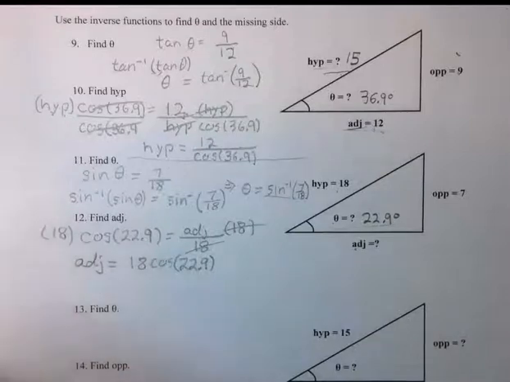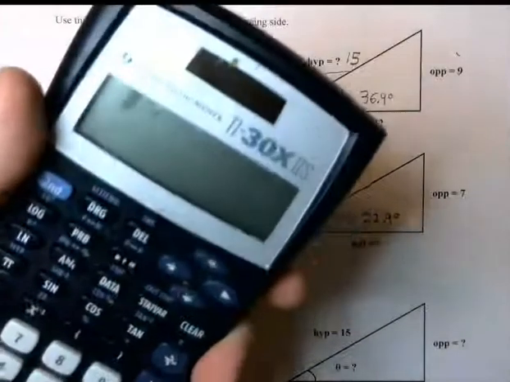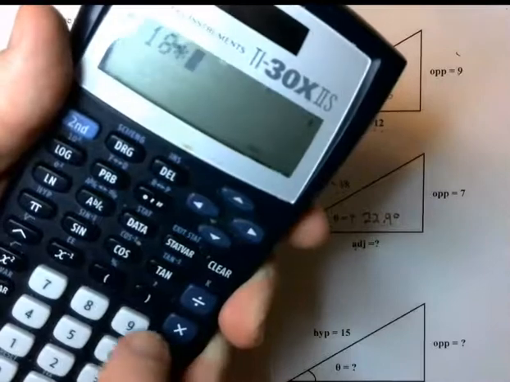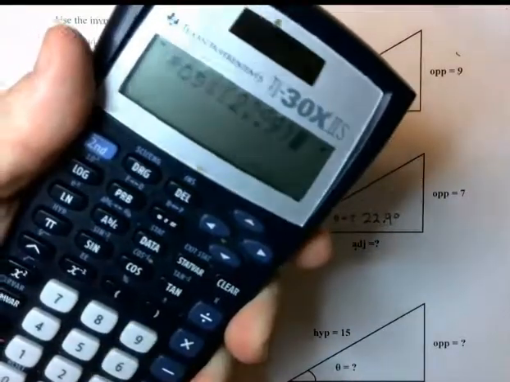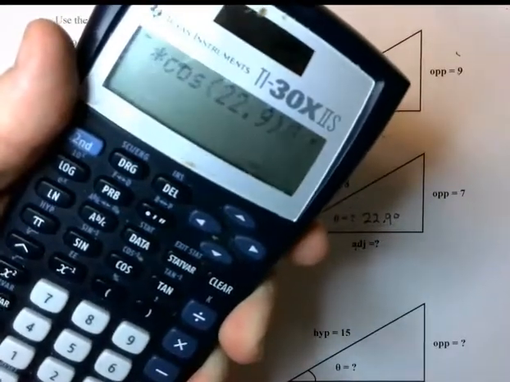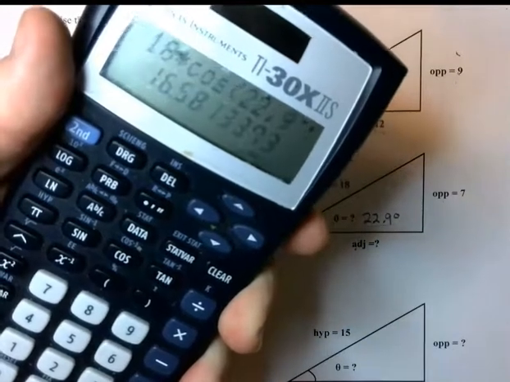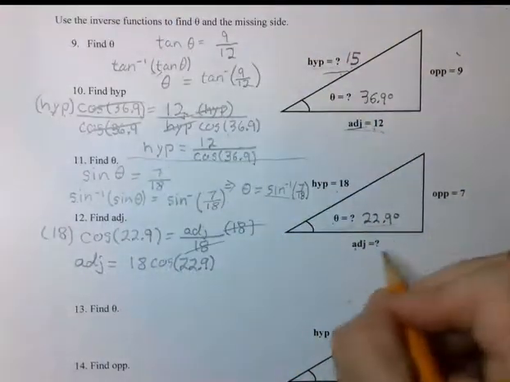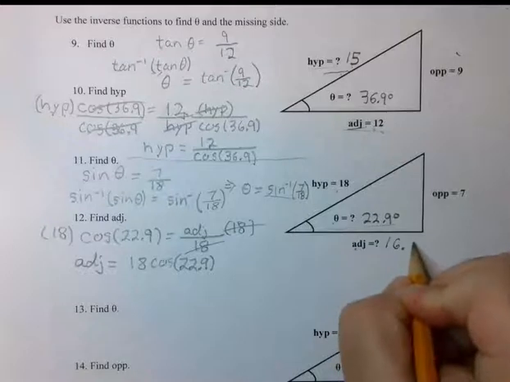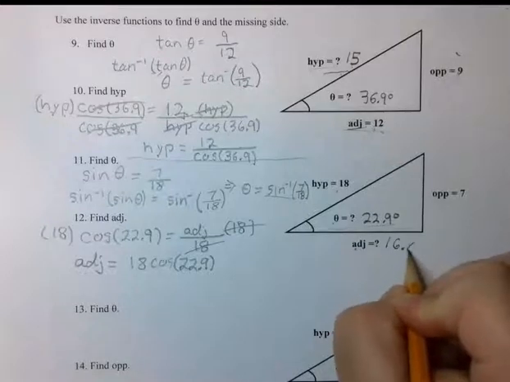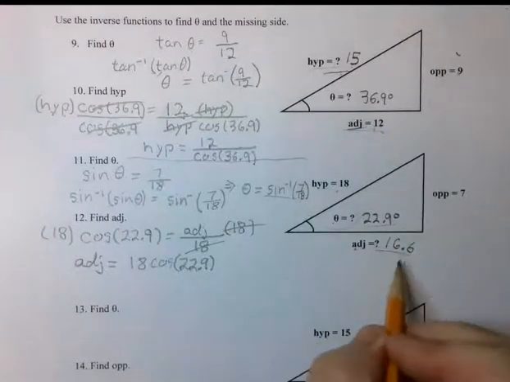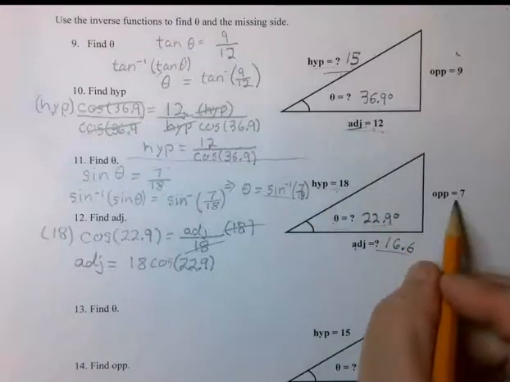Okay, so that's what we're going to put in the calculator. And that gives us 16.6. Okay, 16.6, a little bit less than 18, a lot more than 7.